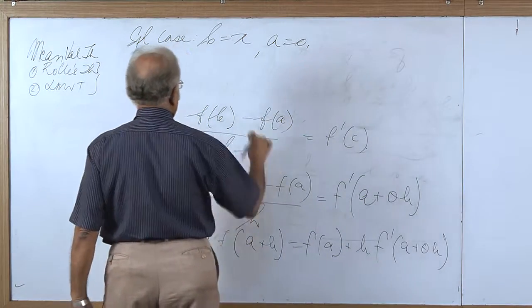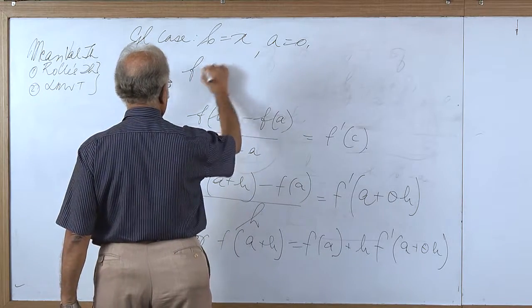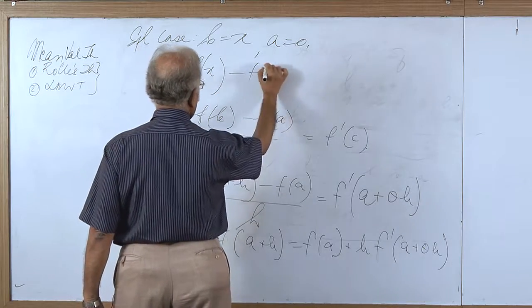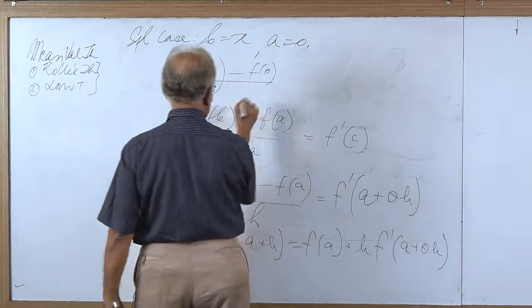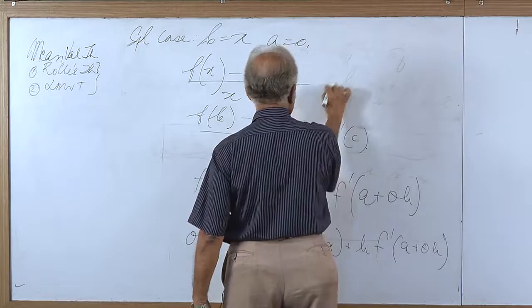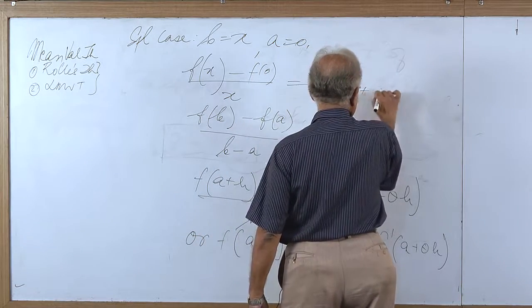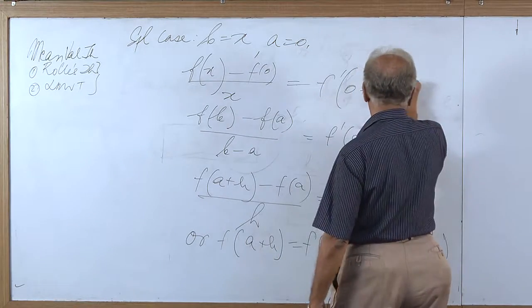Then this whole theorem becomes f(x) minus f(0) over b minus a, which is x, is equal to f dashed (0 plus theta times (b minus a)), which is x.